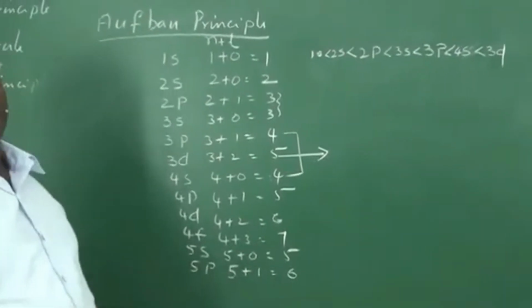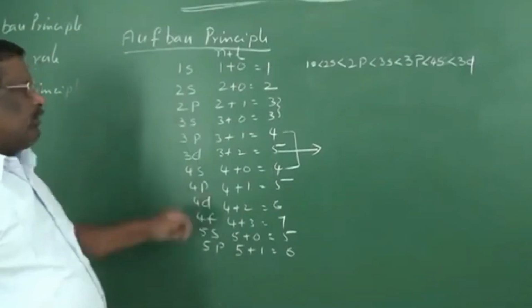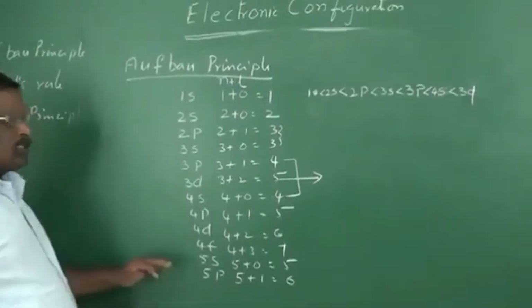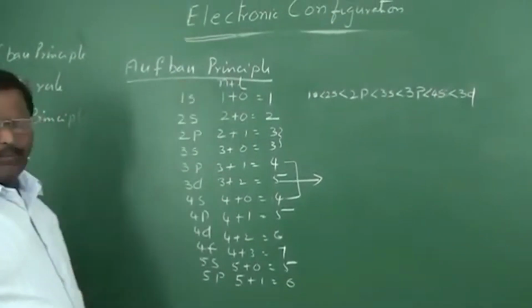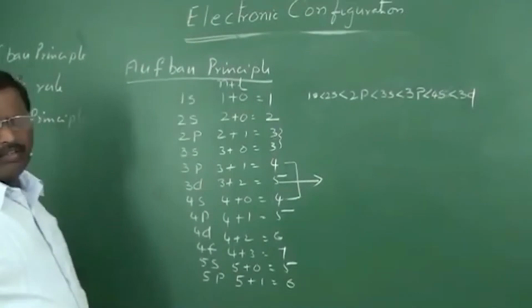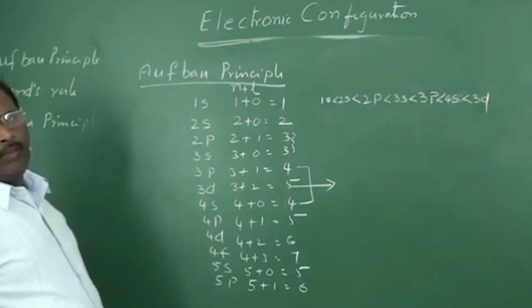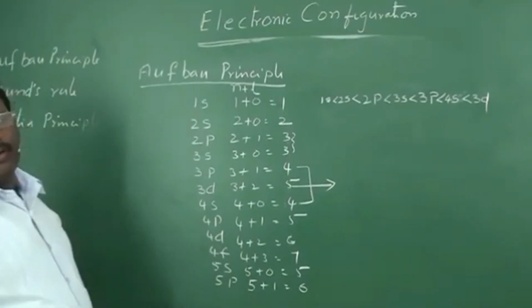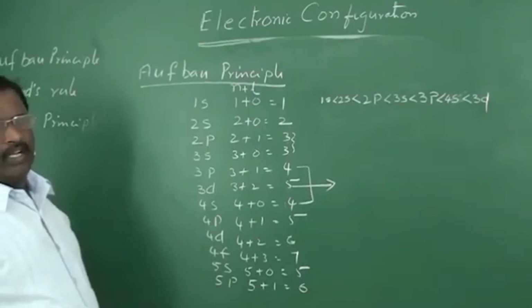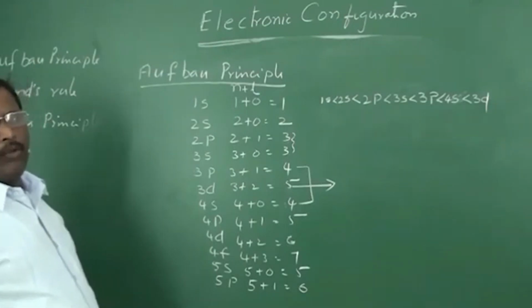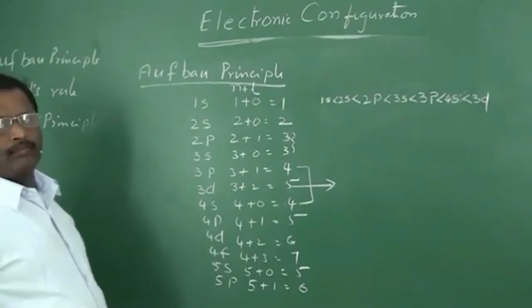So to identify these relative energies, you need not calculate all the n plus l values like this. There is a simple technique to remember the relative energies of different atomic orbitals. That technique is given by Moeller's energy diagram.